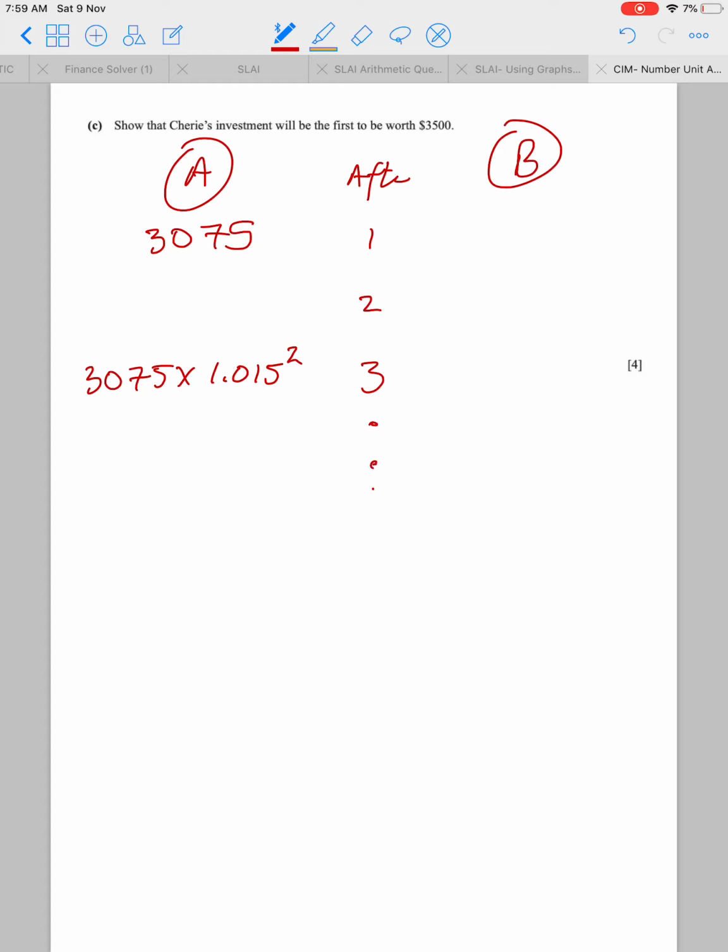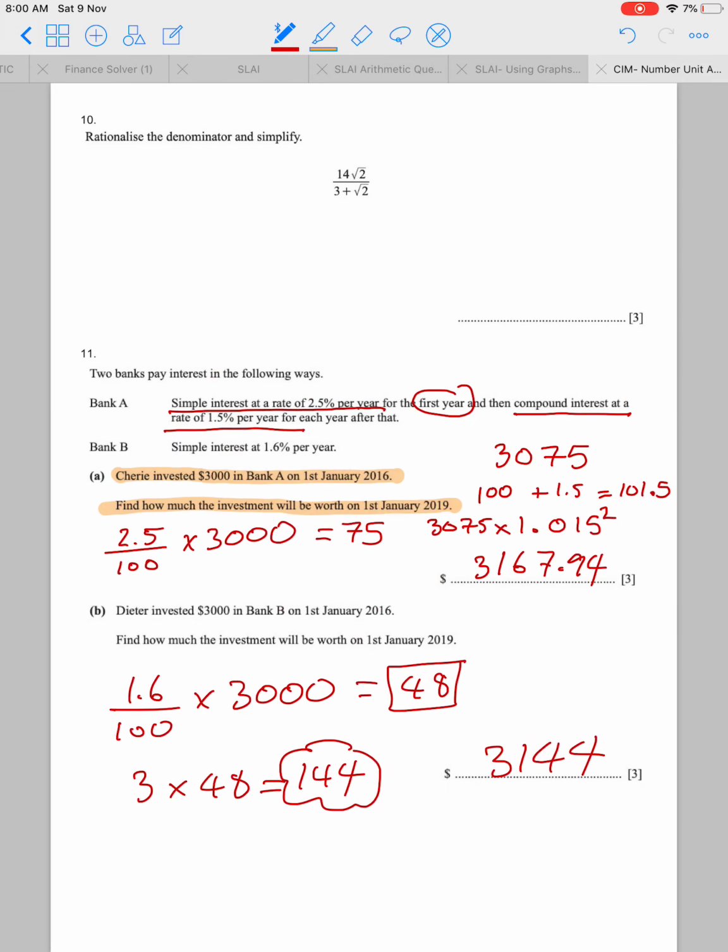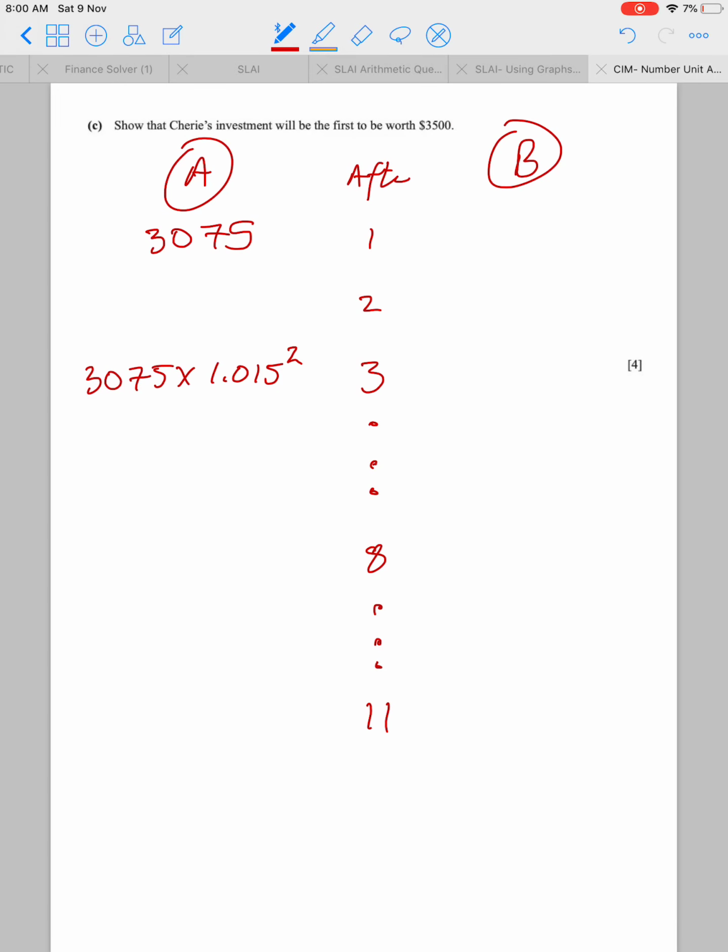So we'll just keep going here. Let's put 8 here. Let's put 11 here. Okay, so we're going to fill this table of values in. Over here, after 1 year, it was 3,000 plus the 48. After 3 years, it was 3,000 plus 3 times 48.